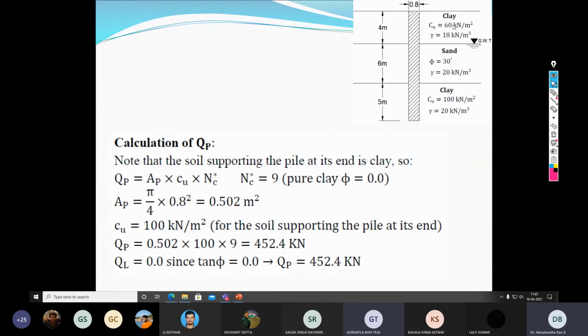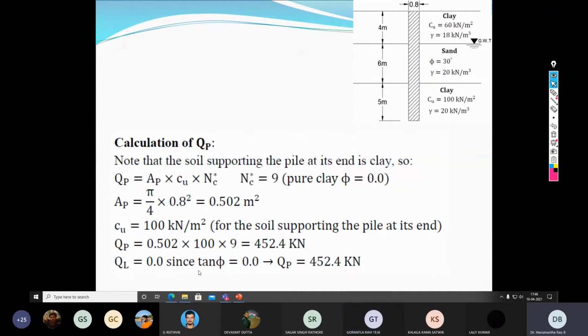In general means, see, here there are two layers. 4 meter is clay and 5 meter is clay. In both the cases, the tan phi is equal to 0. So your entire QL becomes 0. That QL is given for a granular soil, no sir. That's why I'm asking. That's why it is written. Okay. See, clay, so there is no need to write. Both are same.